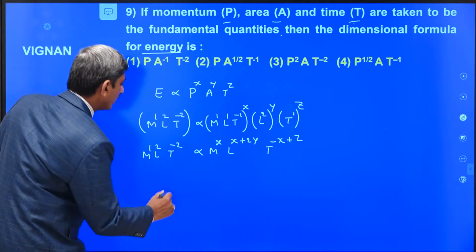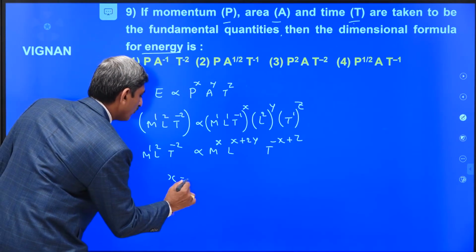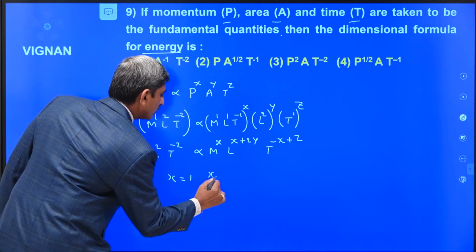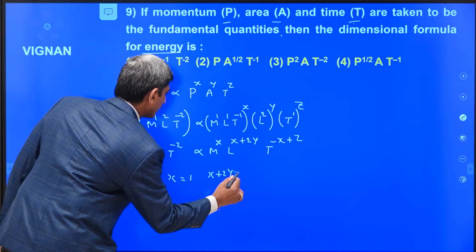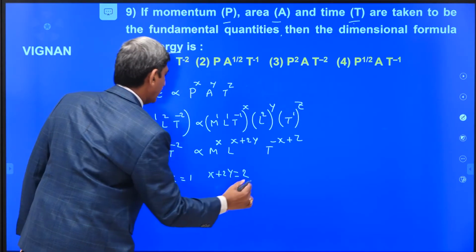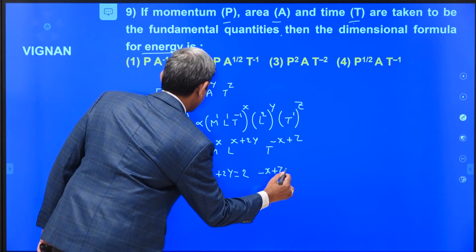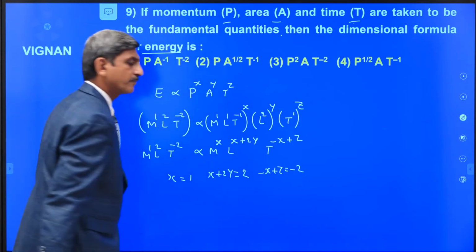By comparing, we have x is equal to 1, x plus 2y is equal to 2, and minus x plus z is equal to minus 2.